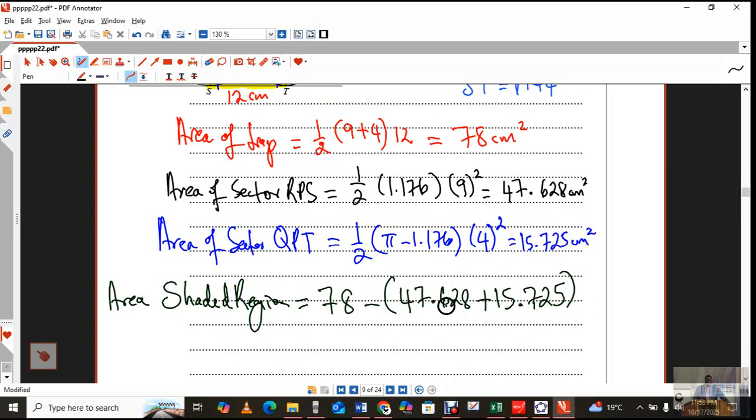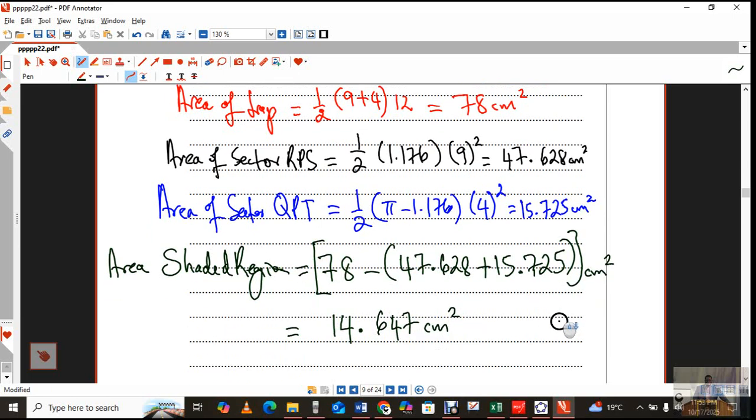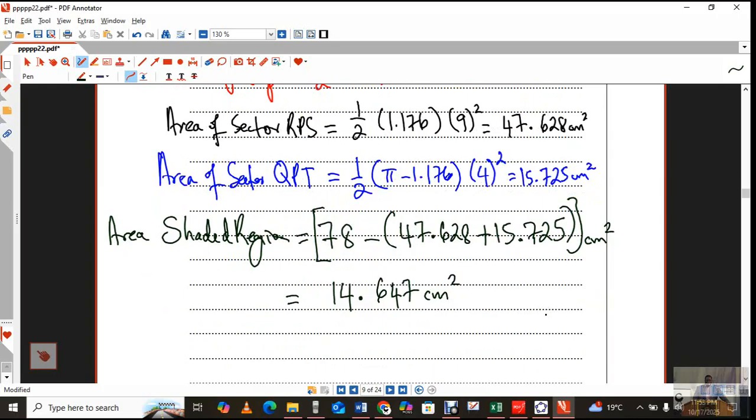That is going to be my shaded region, and this is giving you 14.647 and so on. At the end of the day, remember this answer is not exact, so it's going to be 14.6 centimeters squared, to 3 significant figures. And that is our answer.